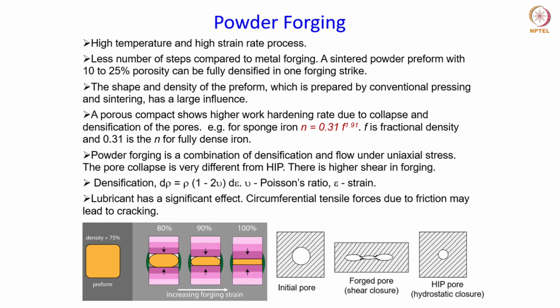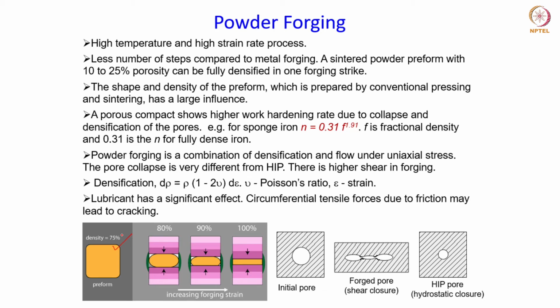Okay. The shape and density of the preform, which is prepared by conventional pressing and sintering, has a huge influence on the densification process. So as you can see from here, first a preform is formed. So this is done by the conventional compaction processes that we have talked about.